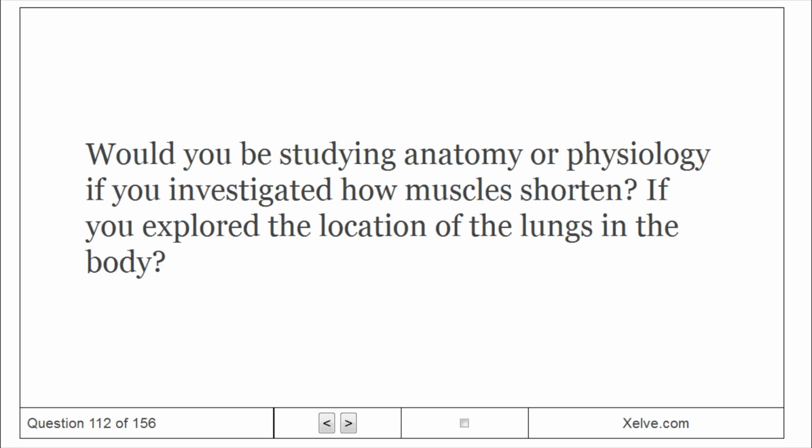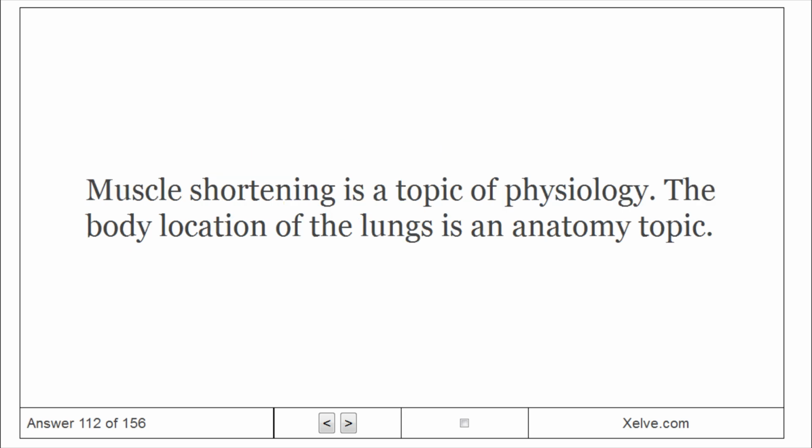Would you be studying anatomy or physiology if you investigated how muscles shorten, or if you explored the location of the lungs in the body? Muscle shortening is a topic of physiology.